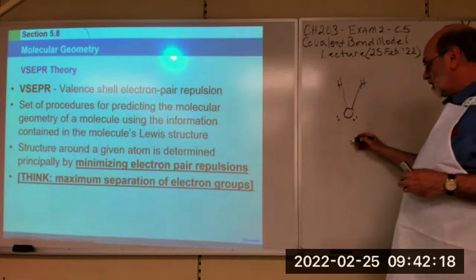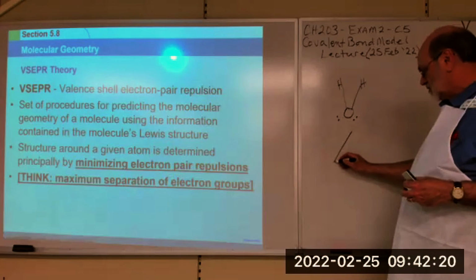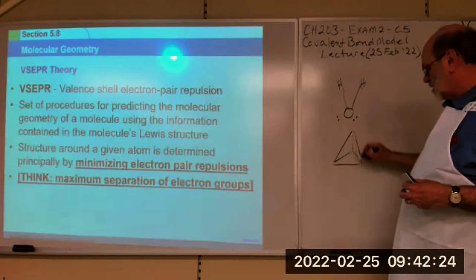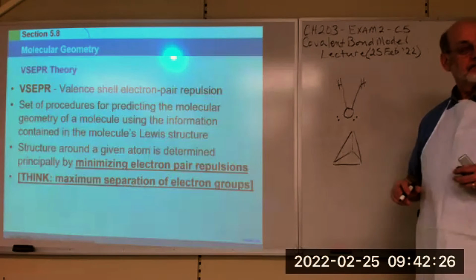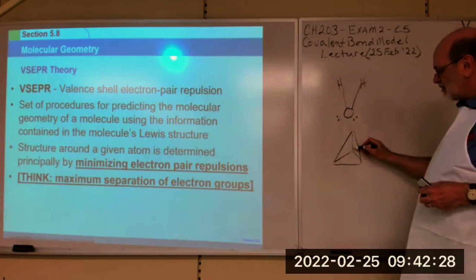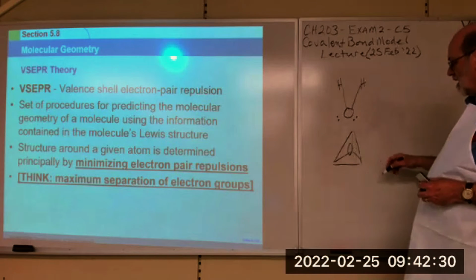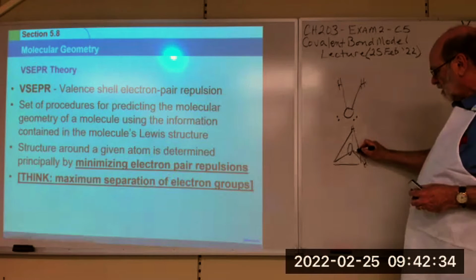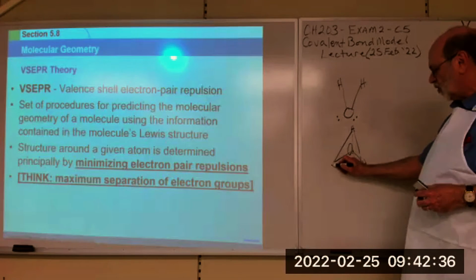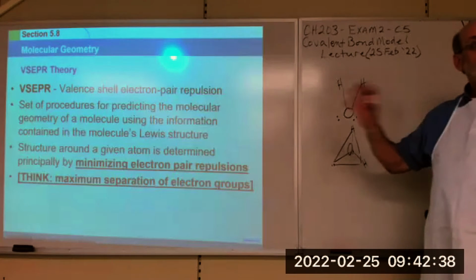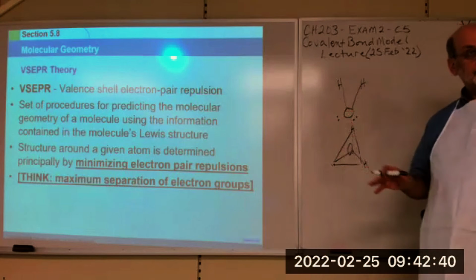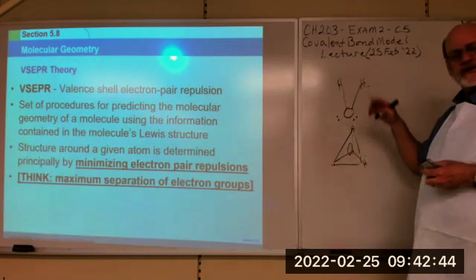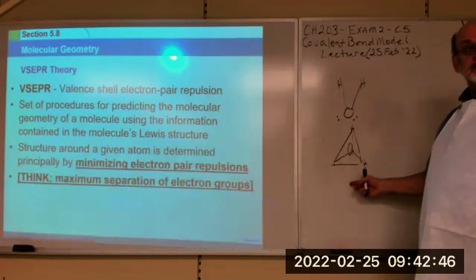And the structure is a tetrahedron. So if we put oxygen in the middle, then we can put hydrogen here, hydrogen there, lone pair back here, and a lone pair out there. That puts them as far apart from each other as possible. So whenever you have 4 groups around a central atom, it's always a tetrahedron.